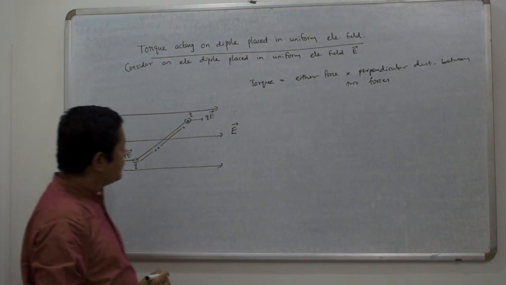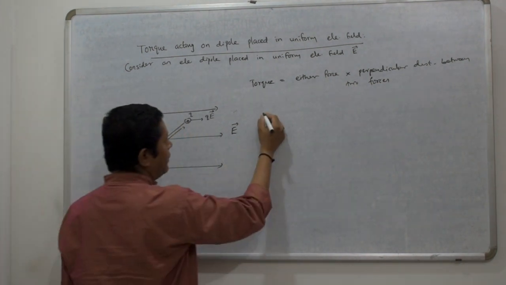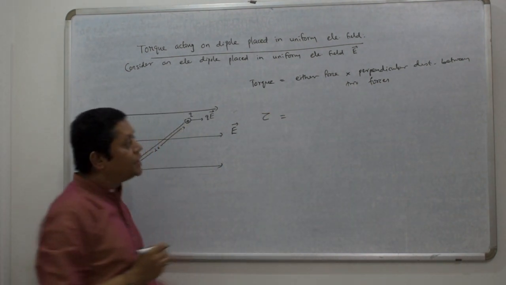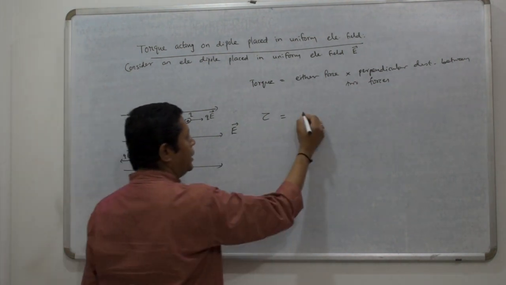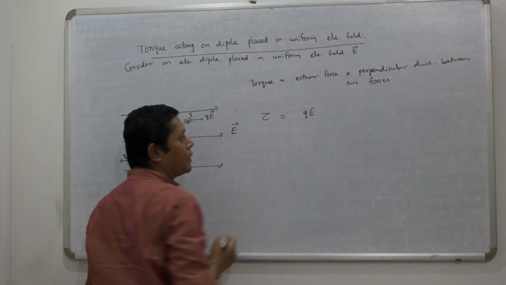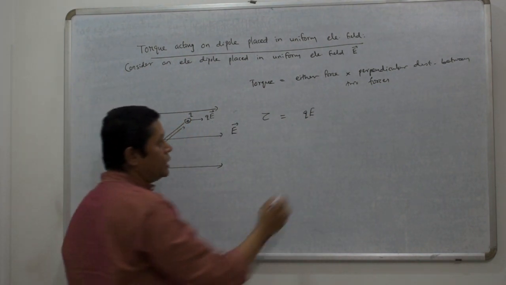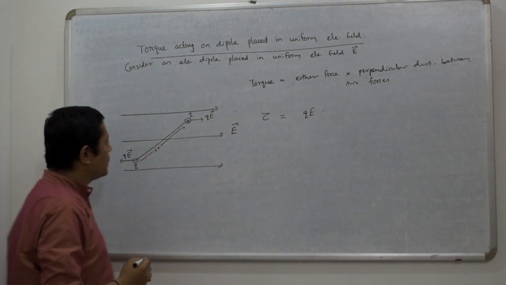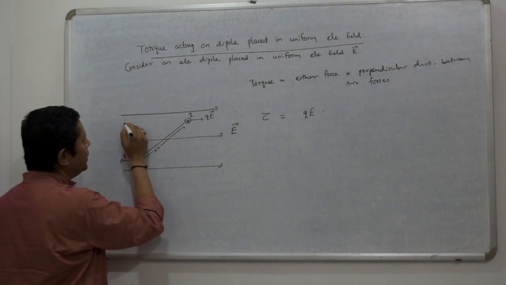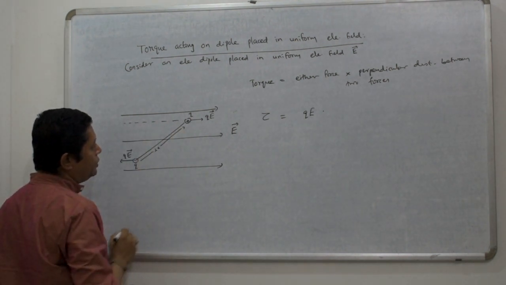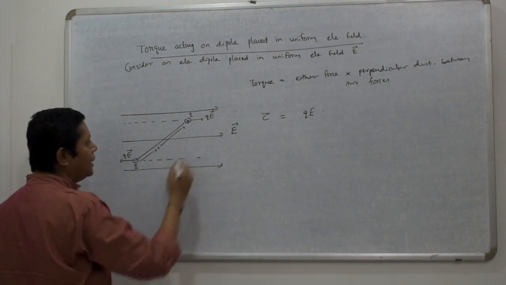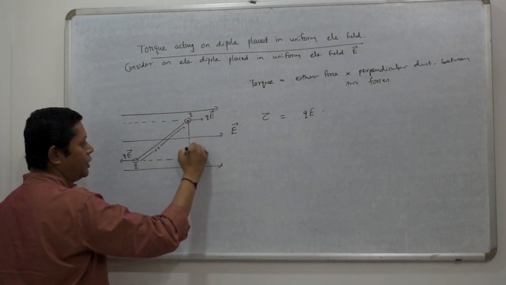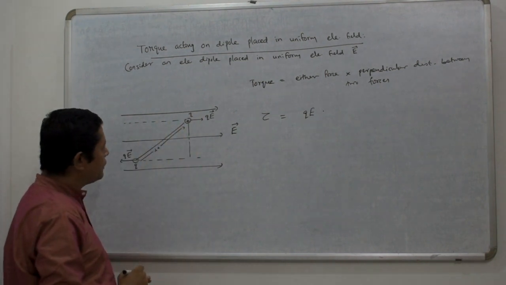So here, if you write the equation for torque, represented as tau, either force, that is magnitude, is q into E. Now the perpendicular distance between these two forces: the positive force qE acting along this line, the negative minus qE acting on this line. So the perpendicular distance between these two forces is this distance.